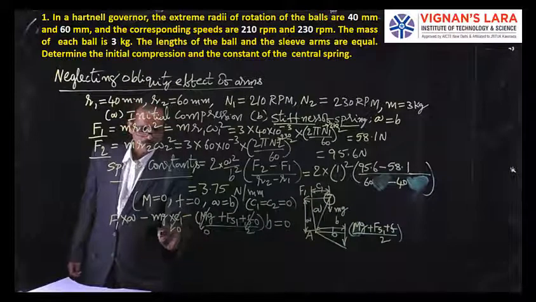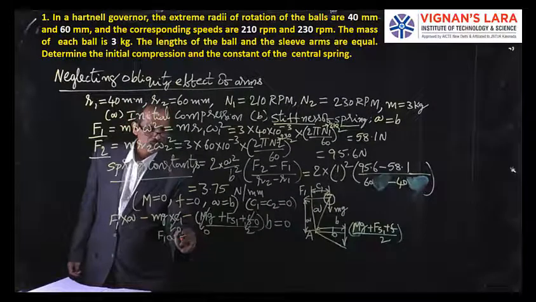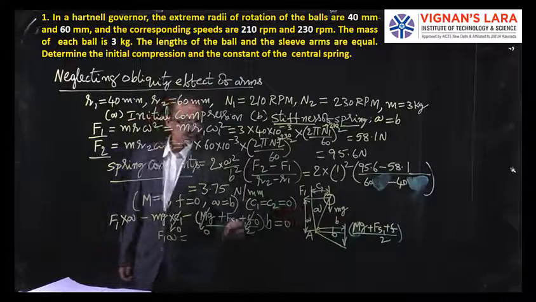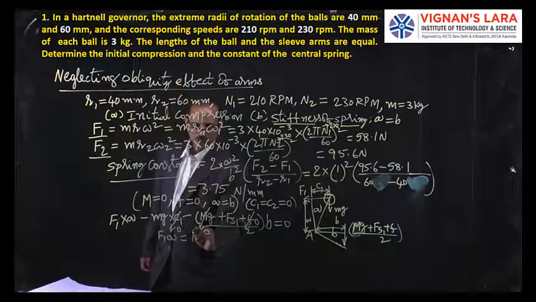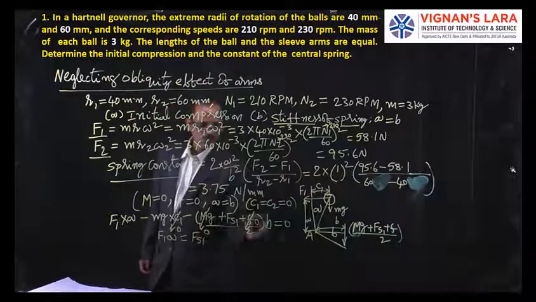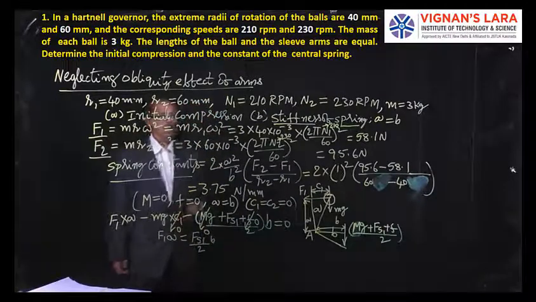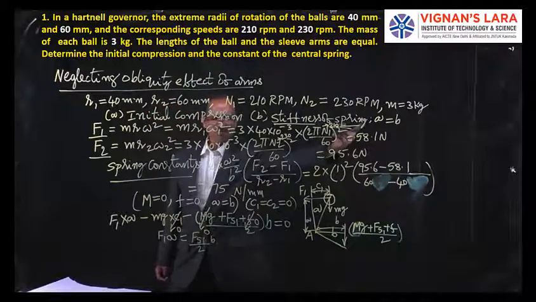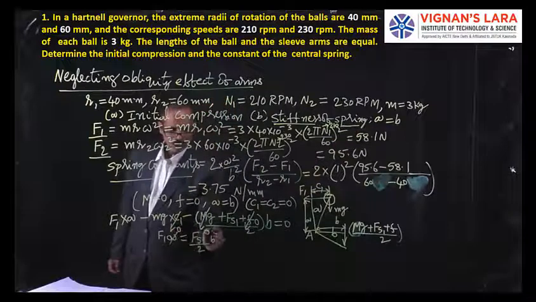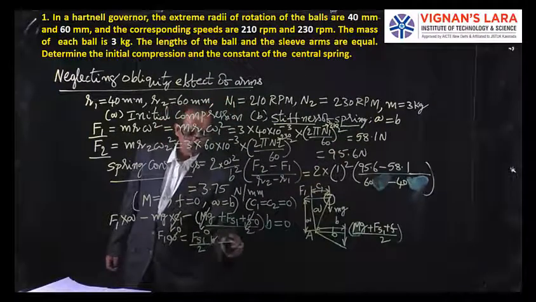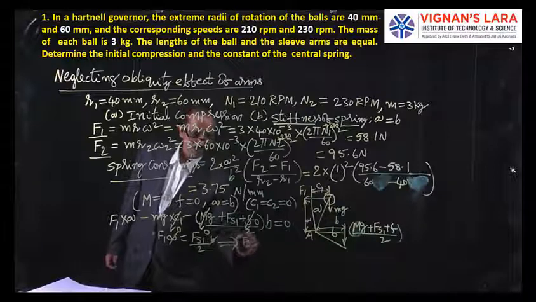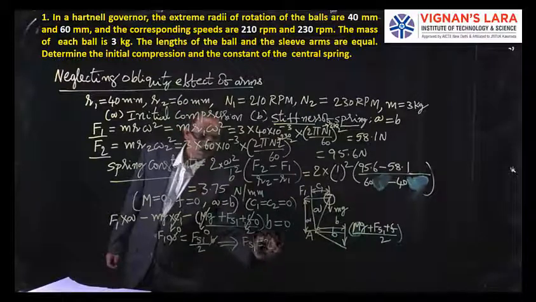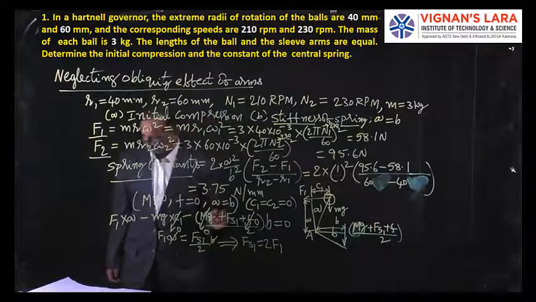Then it becomes F1 A is equal to, taking it to the other side, Fs1 by 2 into B. And as per the basic data given, A is equal to B. So A is equal to B, or Fs1 is equal to 2F1.